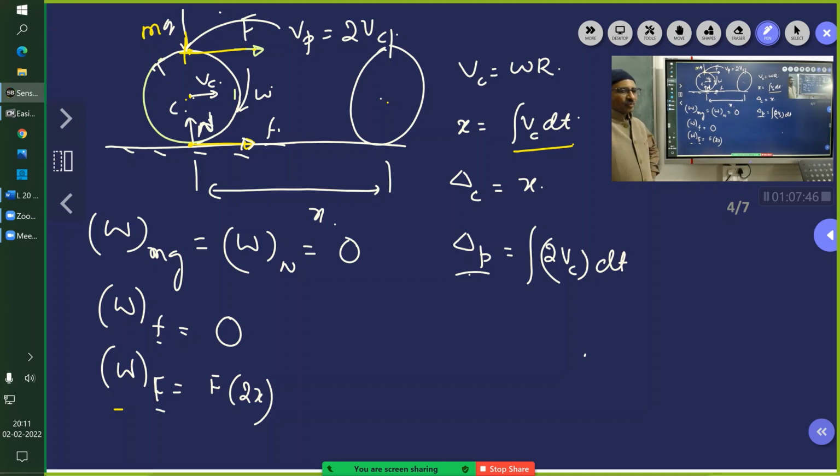Then d theta: when you integrate you get x, which is n into 2 pi r, and when you divide that by r we get the angular displacement. Therefore you also got 2Fx. And tau for small f is zero. Great, wonderful. So this is also another way of doing this.